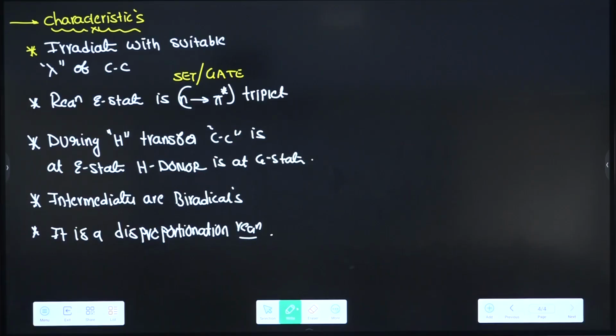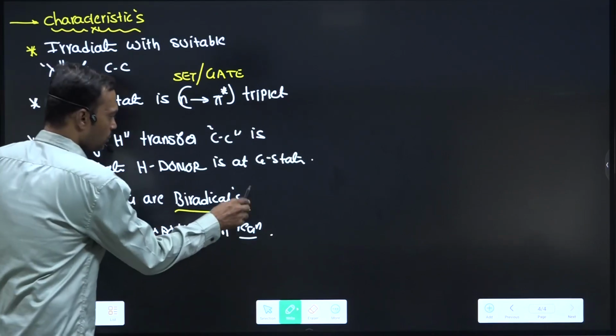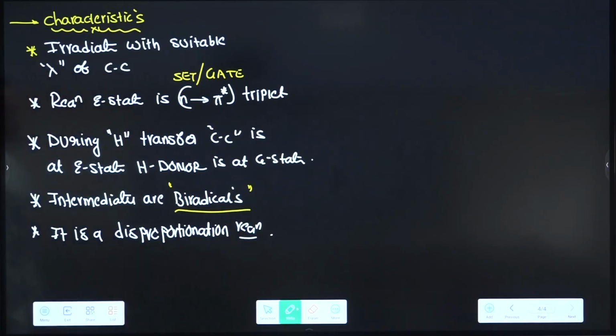Irradiate with suitable lambda of the carbonyl compound, the reactive excited state is n to pi star. During hydrogen transfer, carbonyl should be excited, hydrogen donor should be ground state. Intermediate is biradical, you need to remember this, and it is a disproportionation reaction.